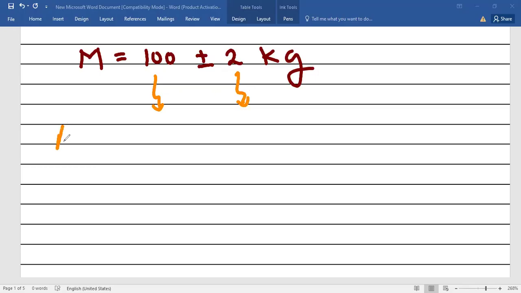So in this measurement, our absolute error delta m is 2 kg, because this mass can vary from 98 kg to 102 kg. So this variation is 2 kg.